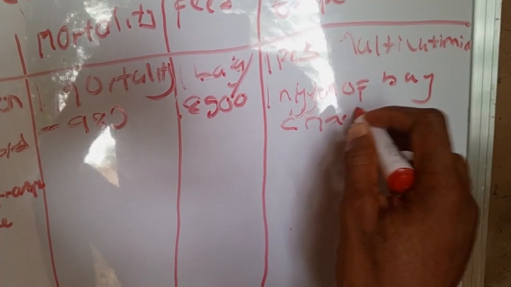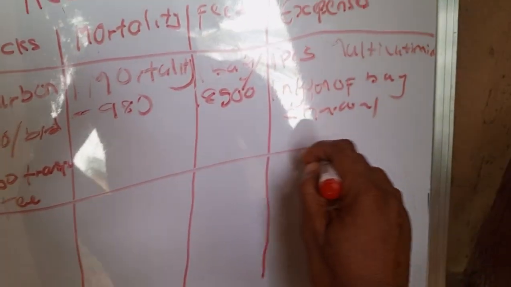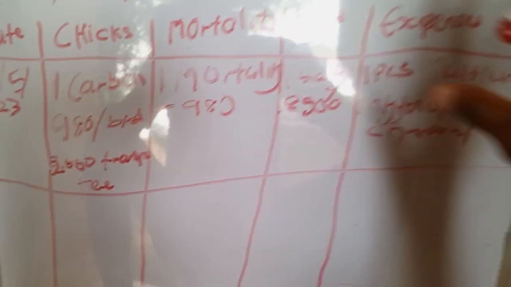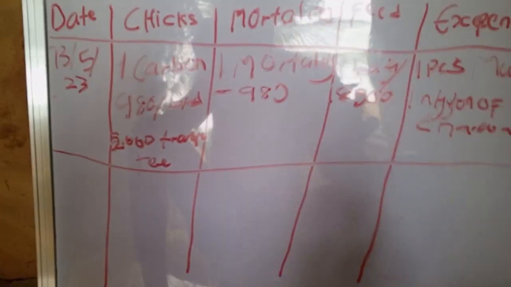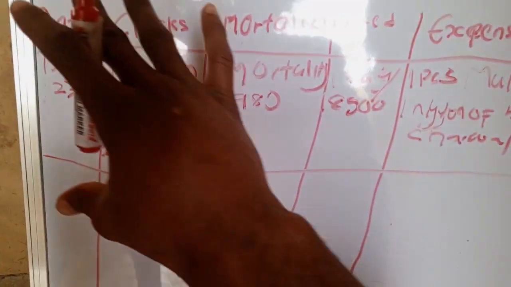Right here, charcoal. So on the 13th of May you did these expenses. There should be a total here. I didn't add it because of the space on the board, but there should be a total there. So this is how you can construct your own.